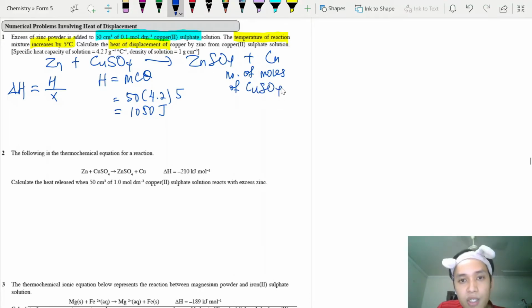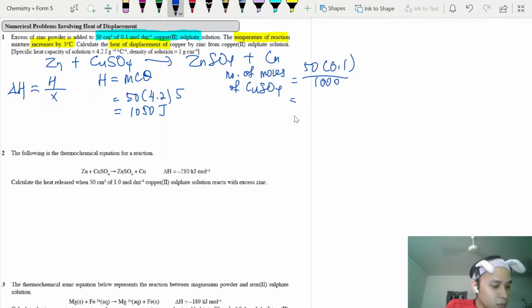So I need to calculate this one first. So 50 times 0.1 over 1000. So this is 0.005 mole.